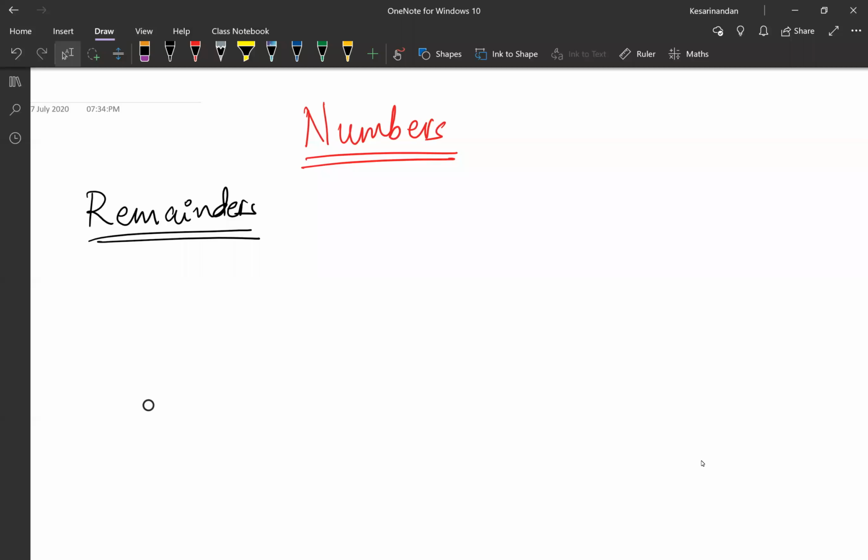Okay. So we will have remainders, and for remainders, there's a very important concept, that is the last digit.